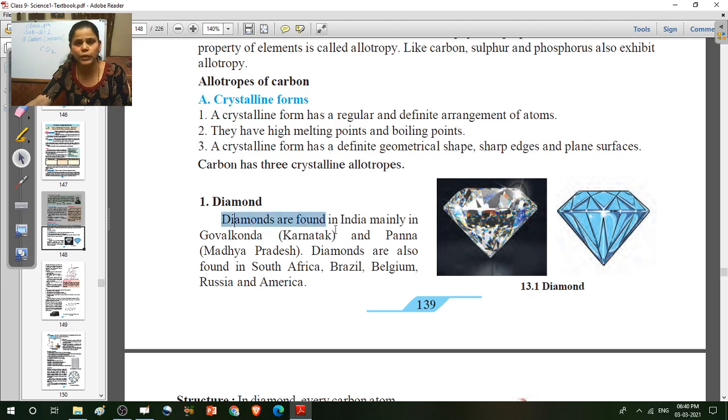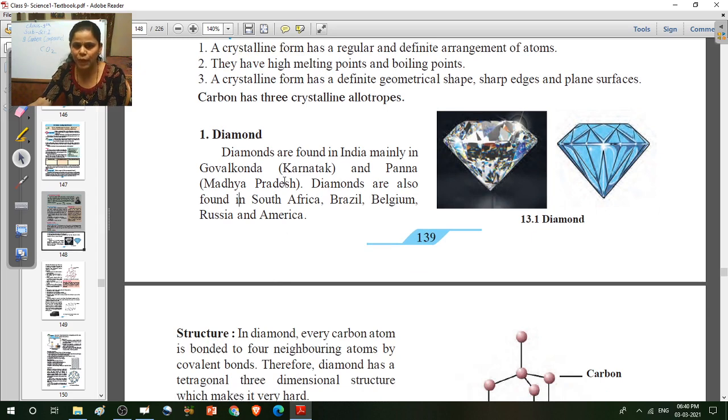Diamonds are found in India, mainly in Golconda, that is in Karnataka, and Panna, Madhya Pradesh. Diamonds are also found in South Africa, Brazil, Belgium, Russia, and America. Okay, so you have to write down these notes in your notebook.